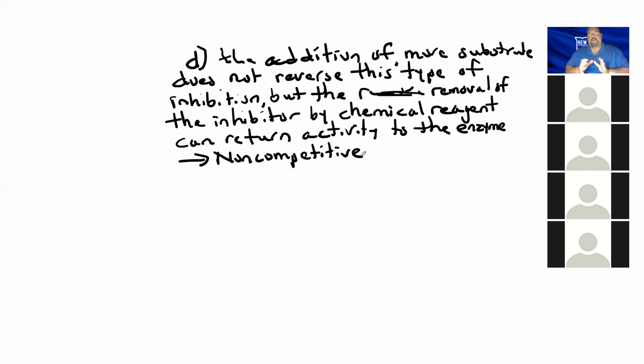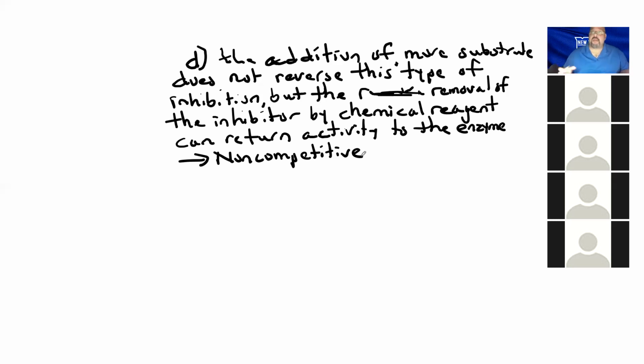Since the shape of a non-competitive inhibitor and substrate are not similar to each other, you could add more substrate all day long. If the non-competitive inhibitor is bound to the enzyme, the shape of the enzyme is still going to be distorted. However, a non-competitive inhibitor can be removed from the enzyme by a certain chemical reagent or two, or maybe more.